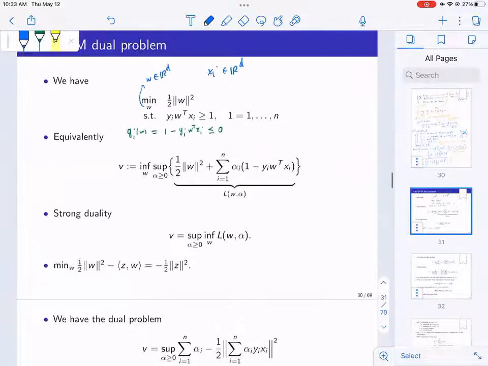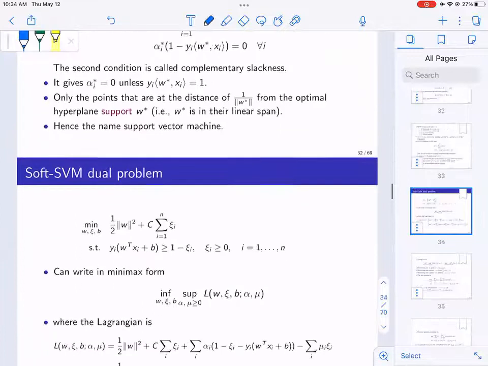And you can see which one is better. If D is very small, solving the primal is probably easier. Not necessarily much easier, but you're optimizing in a smaller space, because having many constraints is probably not that easy. But the dual is useful when D is large.